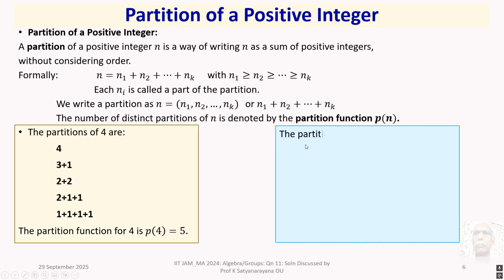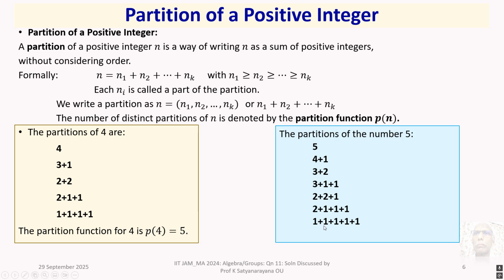We give another example. The partitions of the natural number 5 are 5, 4 plus 1, 3 plus 2, 3 plus 1 plus 1, 2 plus 2 plus 1, 2 plus 1 plus 1 plus 1. Right.